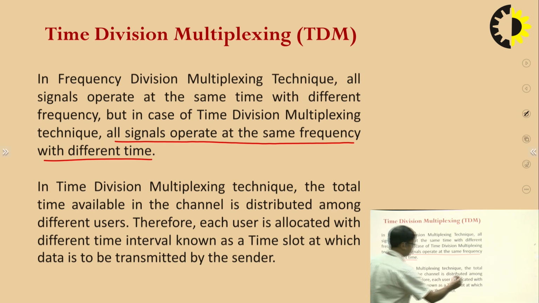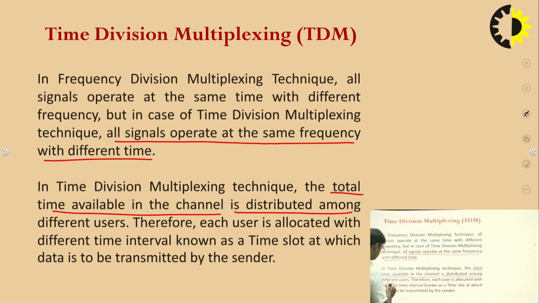Here in case of TDM, the total time available in the channel is distributed among different users. Therefore, each user is allocated a different time interval known as a time slot, at which data is to be transmitted by the particular sender.